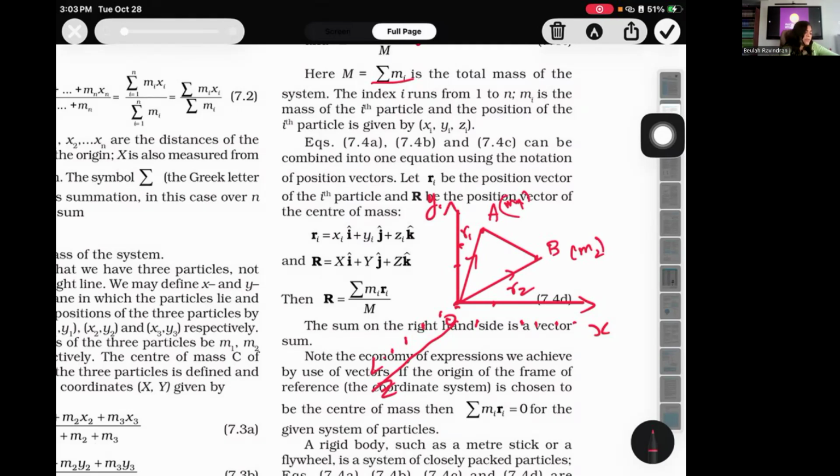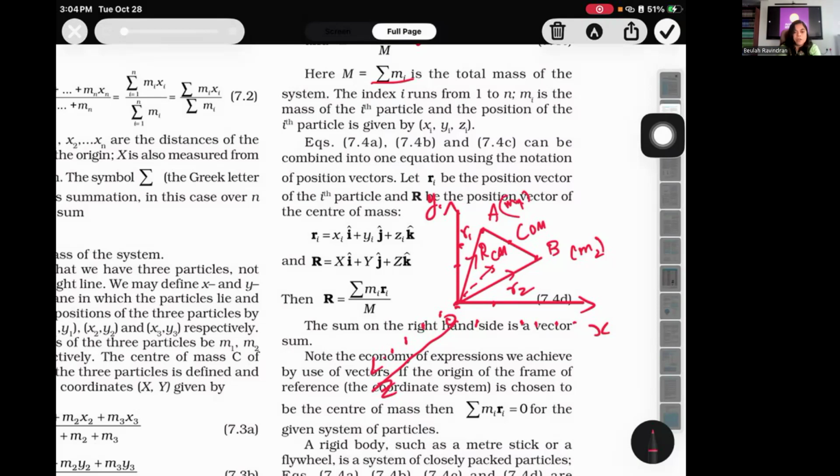Okay, then the center of mass here, it might be here. This is the center of mass. Instead of writing center of mass in one sentence, you can write the acronym CM or COM, like that. So for this, what is the position vector? Here is the position vector. This position vector is capital R, you can use it, or CM also you can use it. Whatever it might be, in your own way you can write.